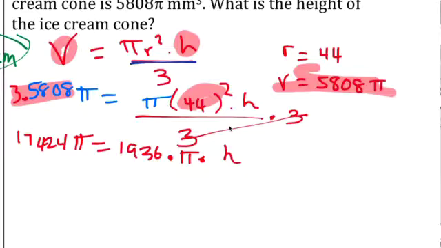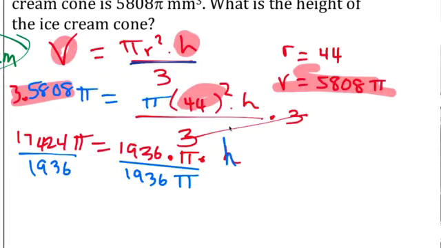So we want height, so we need to get rid of both of these. We're going to divide 1936 pi to both sides. Pi cancels out, these two cancel out, leaves you h, and that only leaves you to divide these two together.